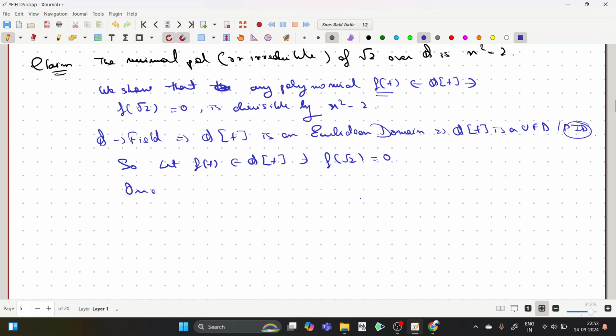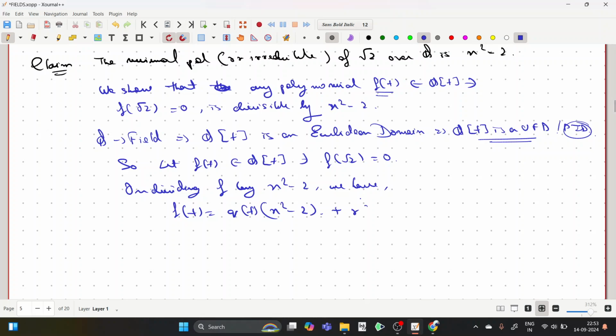This just follows from Euclid's division algorithm. In fact, I don't need to consider it as a UFD; I actually need it to be a Euclidean domain in order to talk about division. So on dividing f by x square minus 2, we have f(t) written as some polynomial q(t) times x square minus 2 plus r(t).